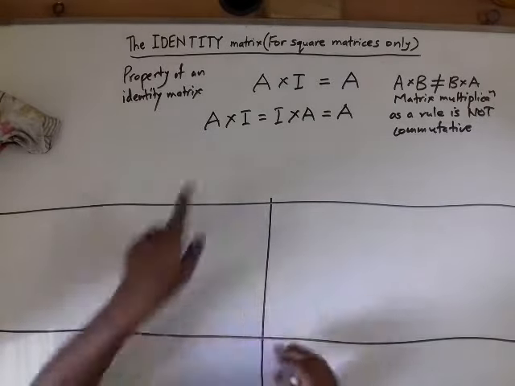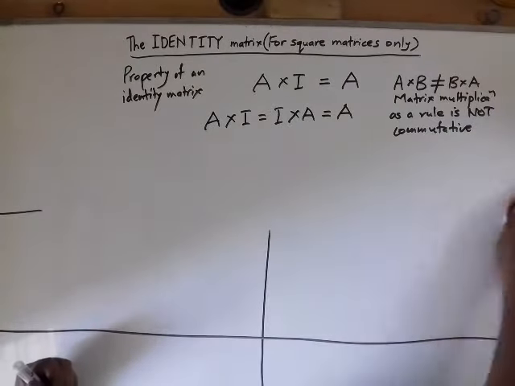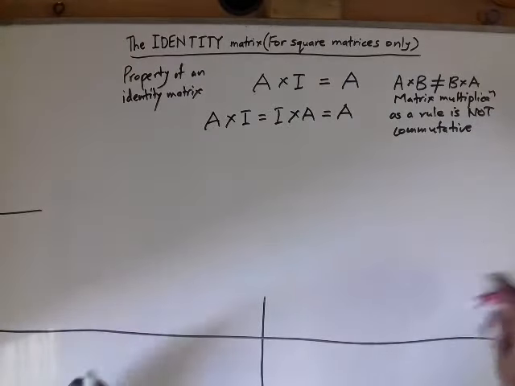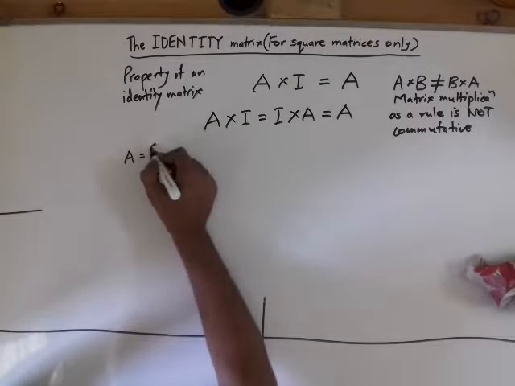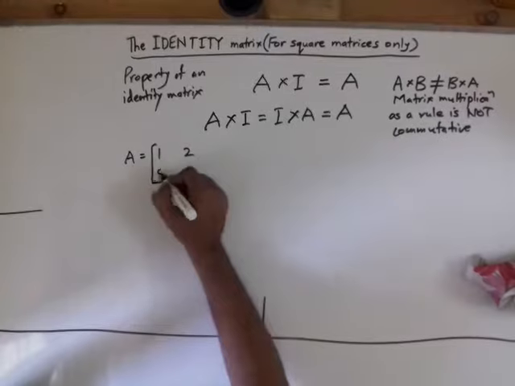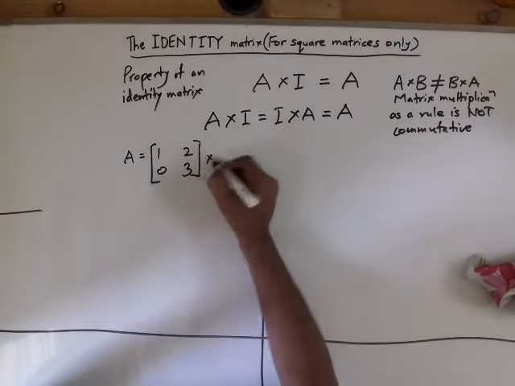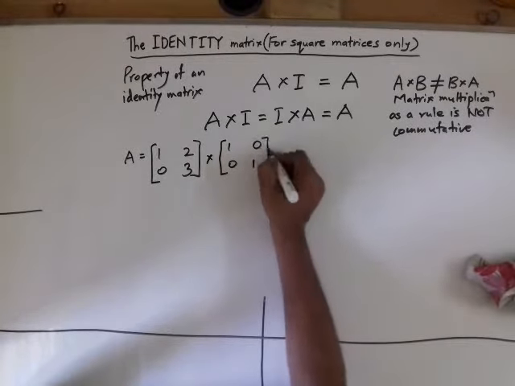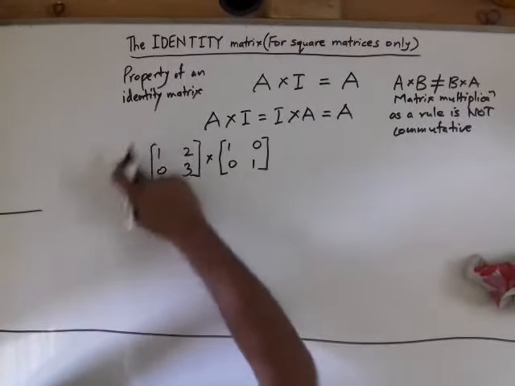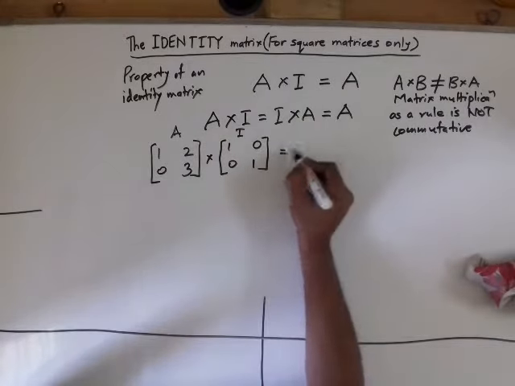Now, we have said this, but why not quickly demonstrate it with a sample matrix. Let's say A equals 1, 2, 0, 3, and I am going to multiply it by the identity matrix. Let's see what we end up with. We have done matrix multiplication quite a bit.